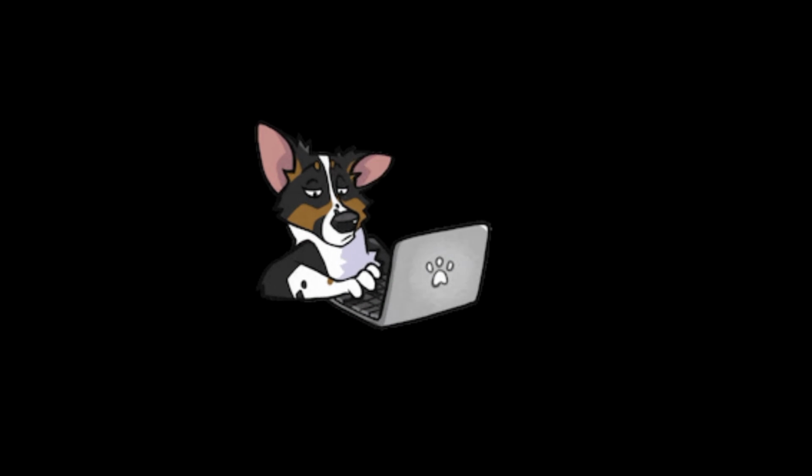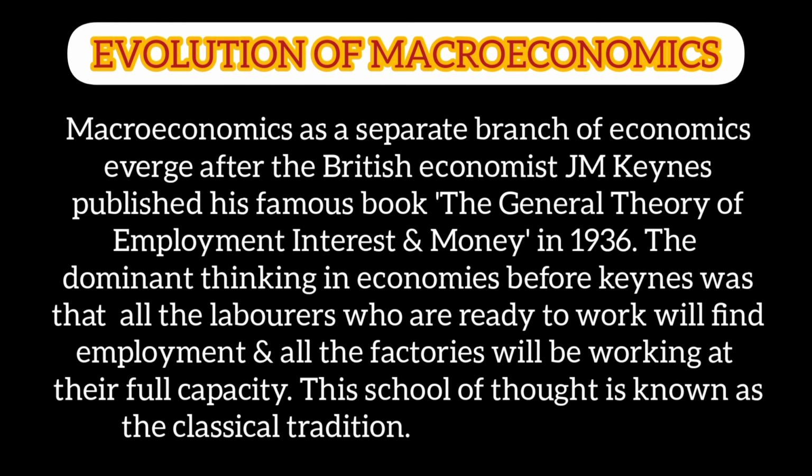Alright then, moving to our last topic, evolution of macroeconomics. Macroeconomics as a separate branch of economics emerged after the British economist J. M. Keynes published his famous book The General Theory of Employment, Interest and Money in 1936.